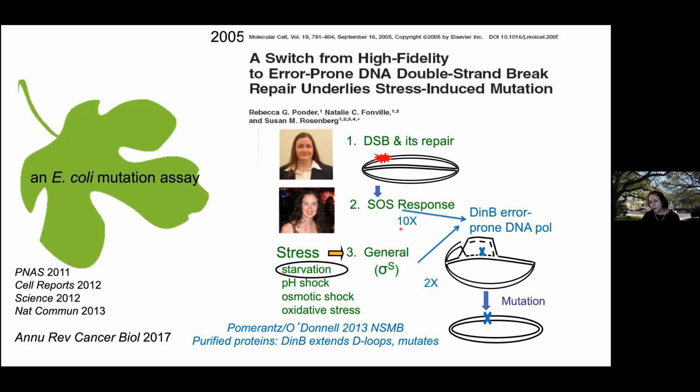The SOS response transcriptionally upregulates this error-prone polymerase about tenfold, and believe it or not, even with that really in abundance, repair starts to happen, but it will not be mutagenic until a third thing happens, the activation of the starvation or general stress response by sigma S, which is activated by all kinds of things that are not DNA damage: starvation, cold shock, acid shock, osmotic shock, oxidative stress. And then, and only then, do this and a couple of other error-prone DNA polymerases get to leave their errors in the newly synthesized DNA in a repair reaction.